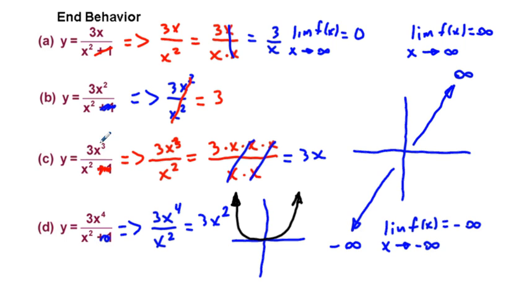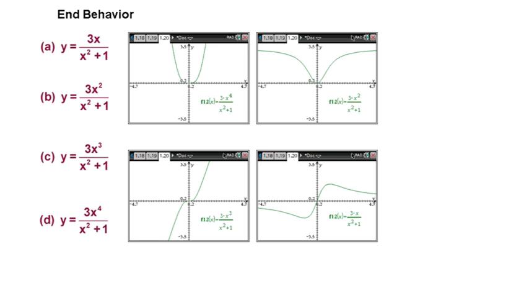So let's go ahead and look at the graphs and match them up here. And here we have this first one. Well, we said the end behavior was going to be 0. So this A is going to go down here for this one. And then this 3x squared over x squared plus 1, that's going to go to 3.